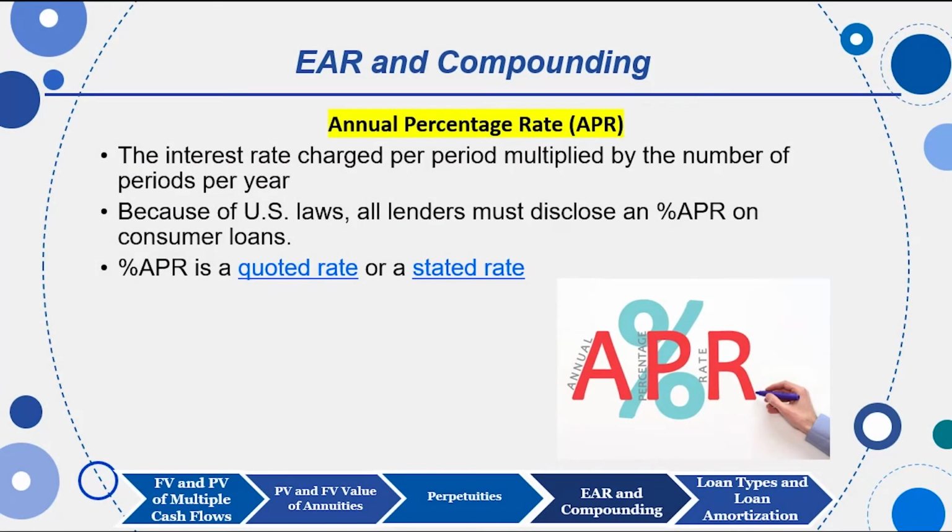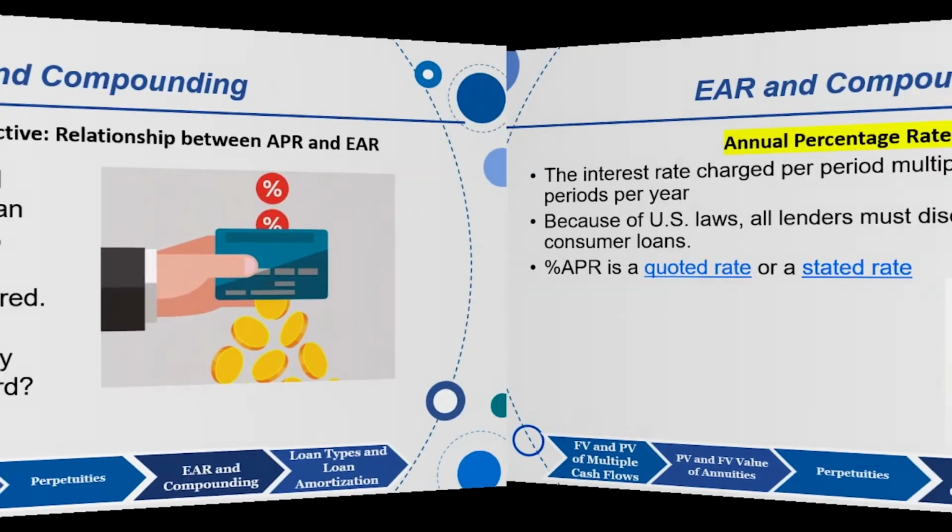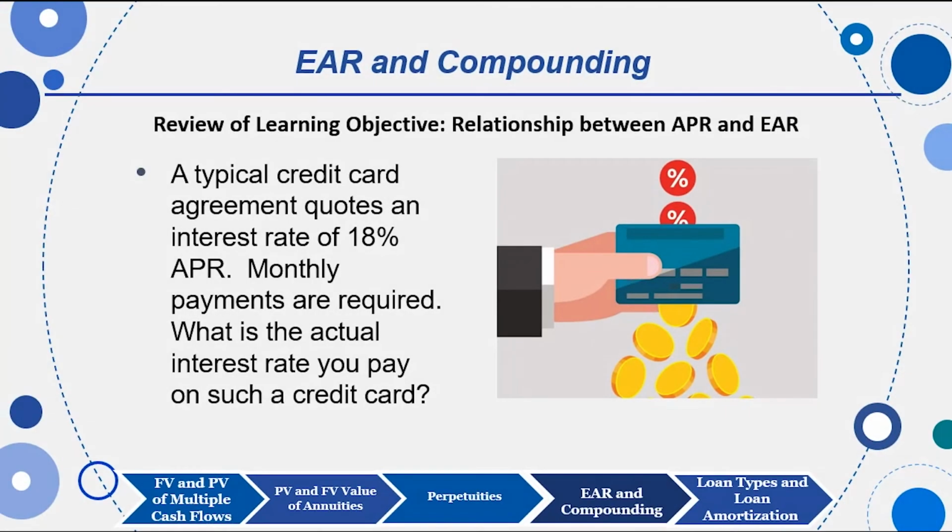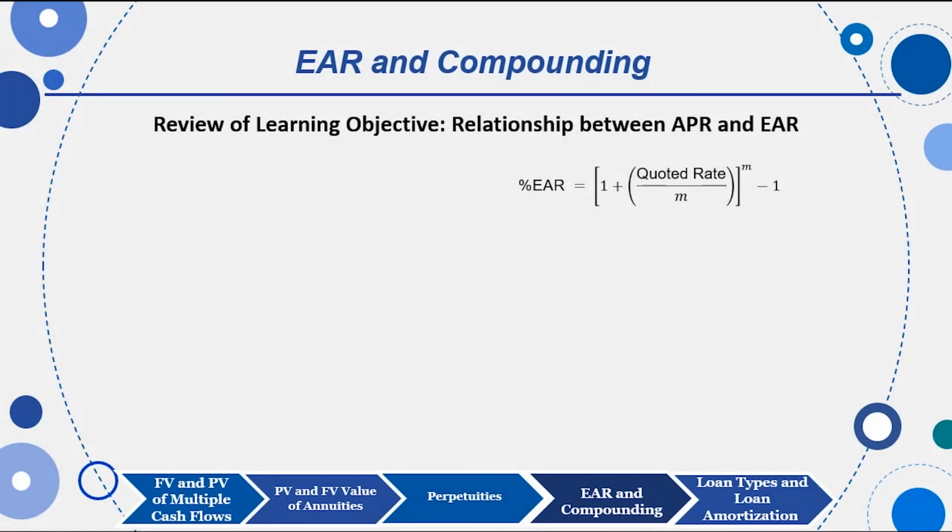APR is required by law. This is what the bank will quote you or state to you. You need to calculate the EAR if you see the words compounded monthly. Here's another example. You may have a credit card in your own wallet that quotes an APR of 18%. That's not uncommon. What's the actual rate you're paying if it's compounded monthly? Monthly payments are required.